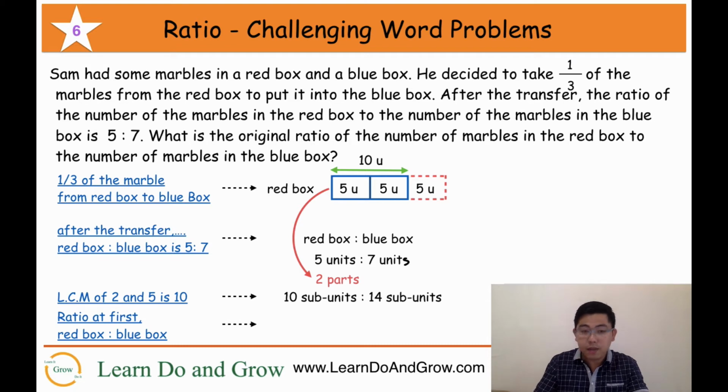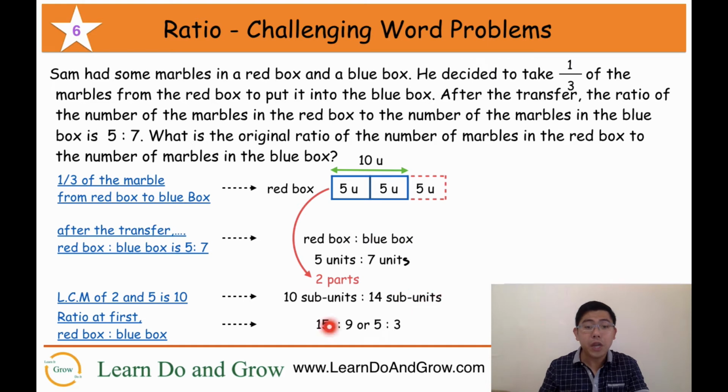You can see that over here, 15, which is the original one, and 9, where does it come from? Over here, after, they have 14 subunits, but remember, within the 14 itself, I have 5 units, so I minus 5 equals 9, and it is 5 to 3.